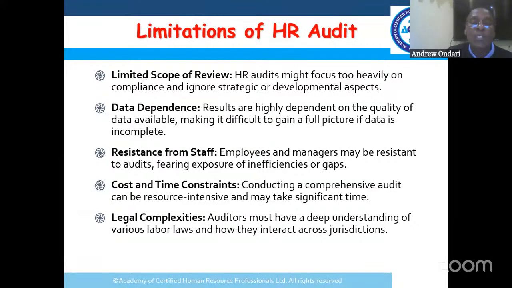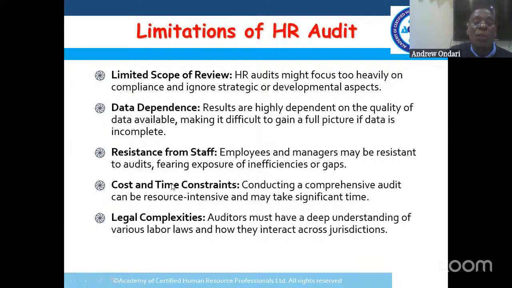Other limitations include cost and time constraints. Conducting an HR audit, especially using external consultants, is expensive, especially in an environment where cost cutting is a real issue. So cost becomes a challenge.